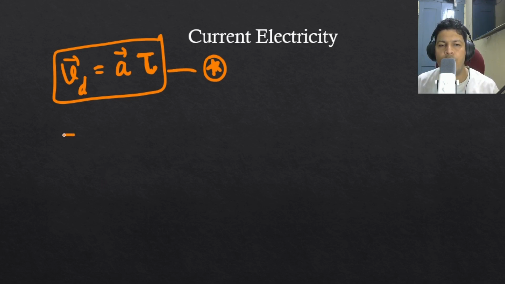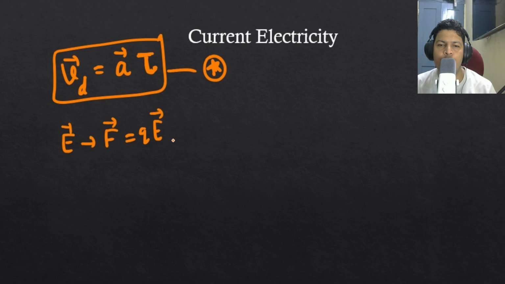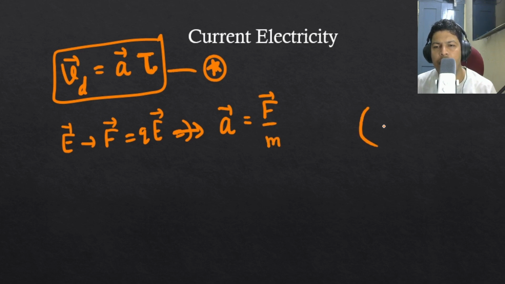As you know, we have an electric field. This electric field applies a force on the charged particle, here the electron, and the force it applies is QE. Because of this QE, there will be an acceleration. How can you find the acceleration? Force upon mass, Newton's second law, F equals ma, so A will be equal to F by m.